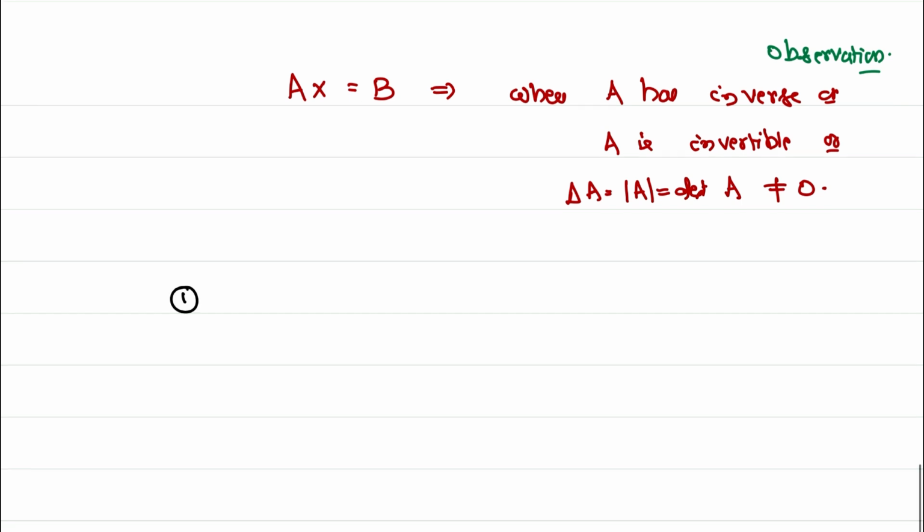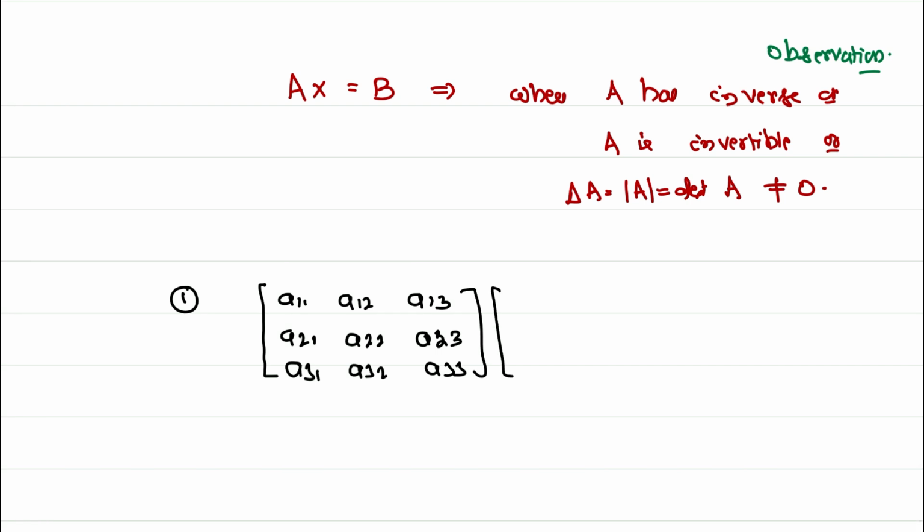What is step 1? Write the matrix A11, A12, A13, A21, A22, A23, A31, A32, A33 in the matrix form.